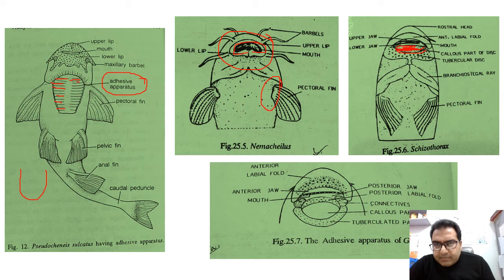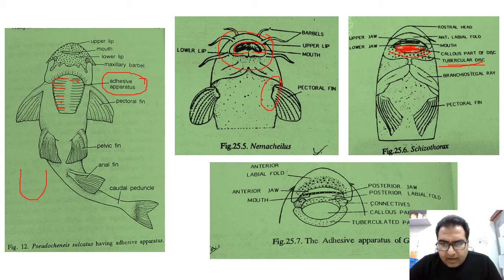Below this callus part we see the tubercular disc. This callus part and the tubercular disc are very much modified in structure so as to form the organ of adhesion. Posterior to the callus part is present the tubercular disc as well.